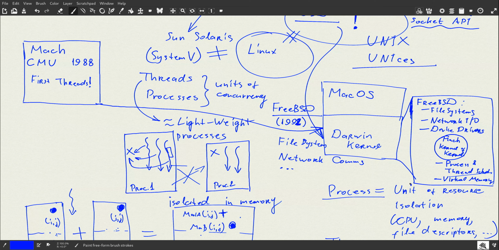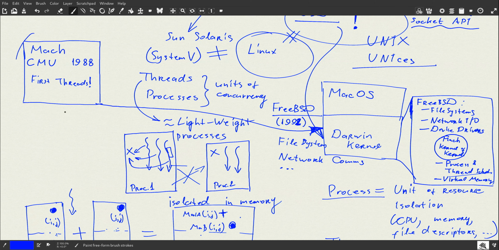But Mach, apart from providing a very important technology base for Darwin and macOS, continued to evolve on its own.